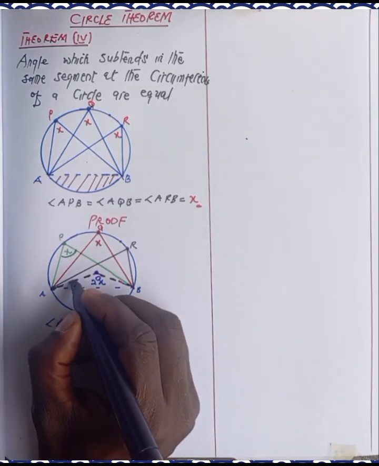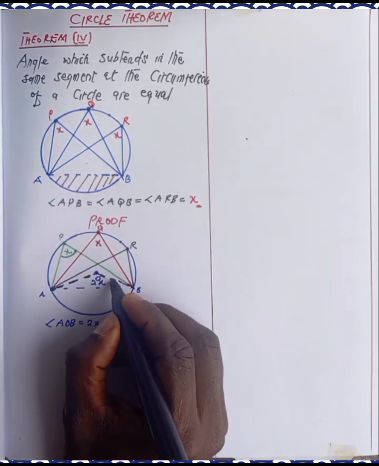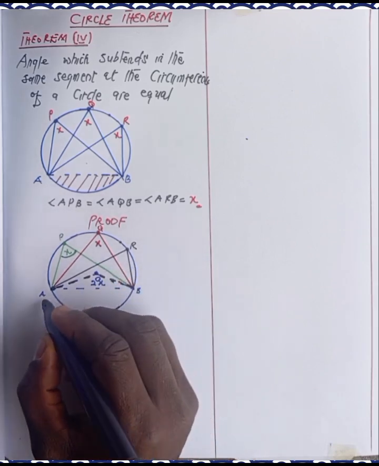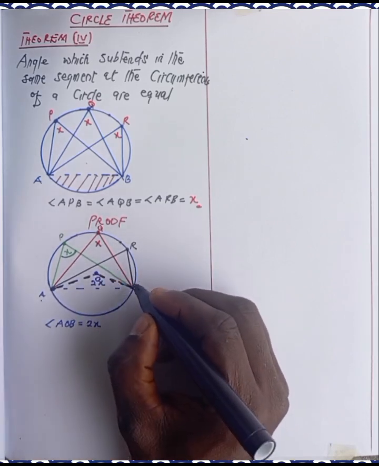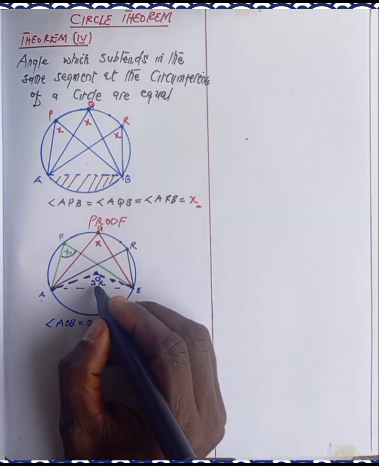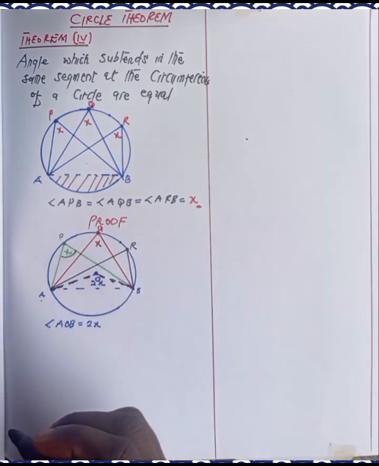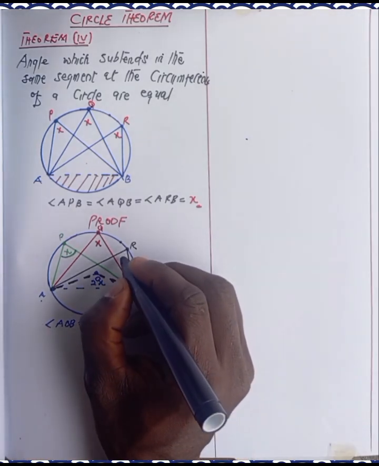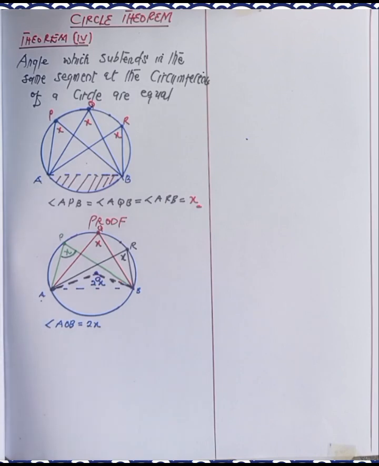Now from the same point at the center, we can see that this very diagram here, AOBR, resembles the diagram of Theorem 2, which says that angle at the center is twice the angle at the circumference. So this angle is X. We are done with it.